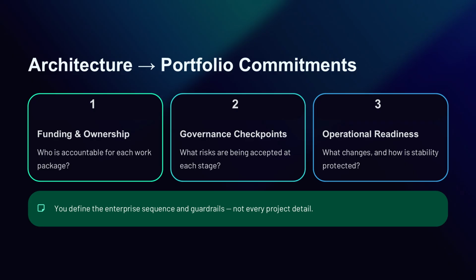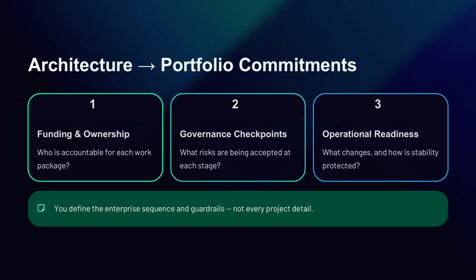With waves defined, you now translate architecture into portfolio commitments. This means your migration plan must connect work packages to funding, ownership, and governance checkpoints. Leaders must know who is accountable for each work package, what success looks like, and what risks are being accepted.